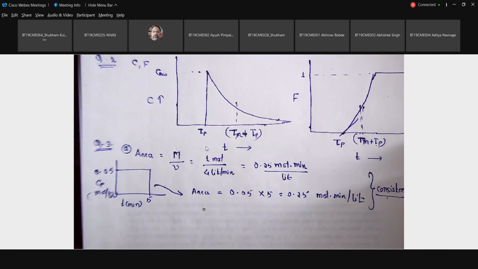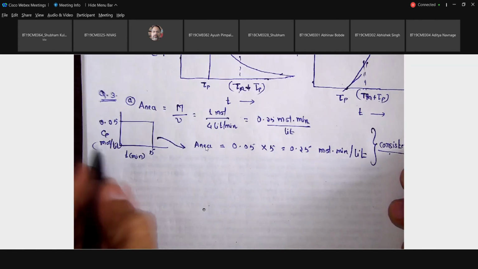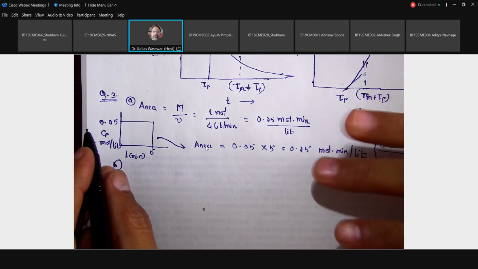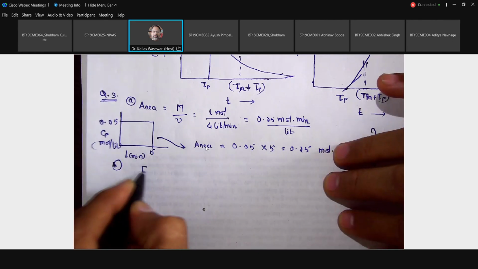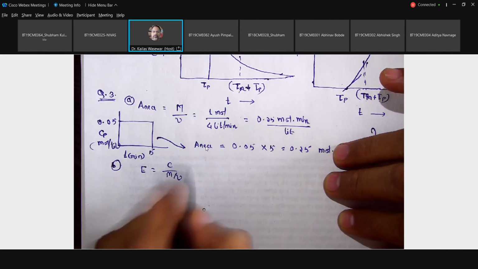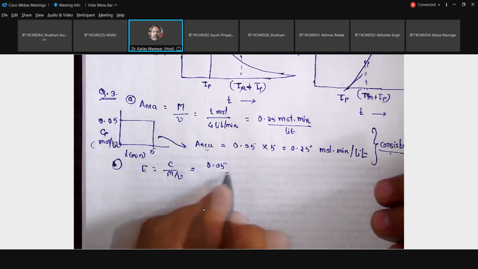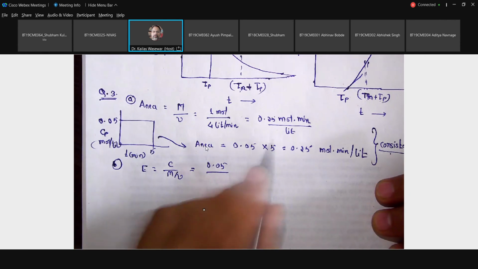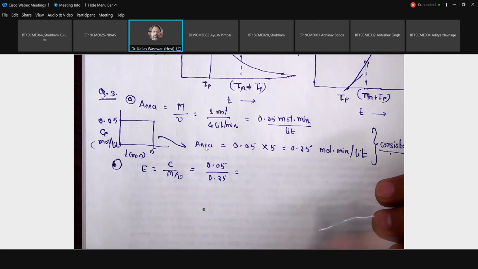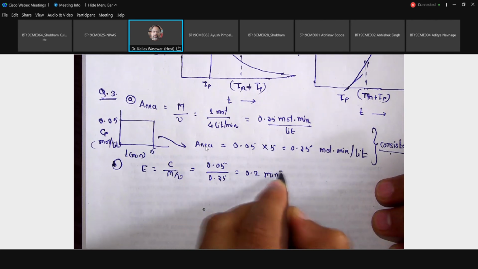Then in part B, you just have to calculate the E value. E is equal to what? C upon M by v. C is the maximum concentration because it is a constant, it is mentioned. M by v is the area, that is 0.25. This will become 0.2 minute inverse. Without units, it has no meaning.